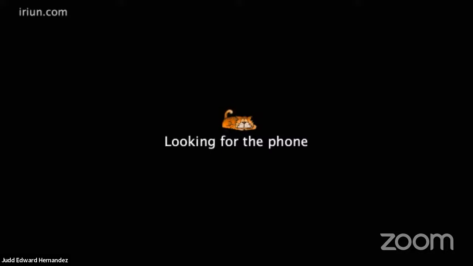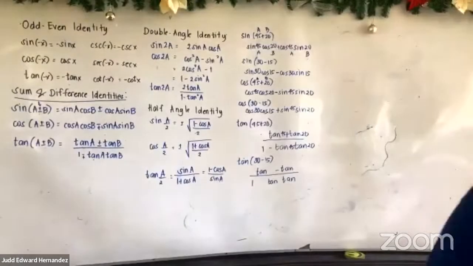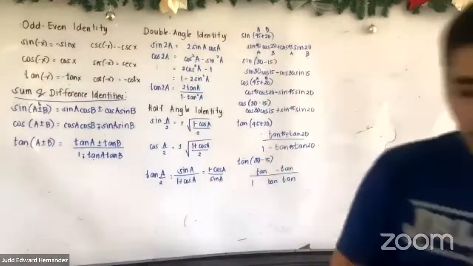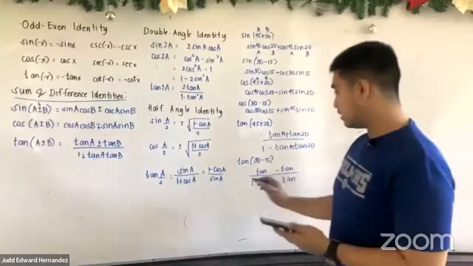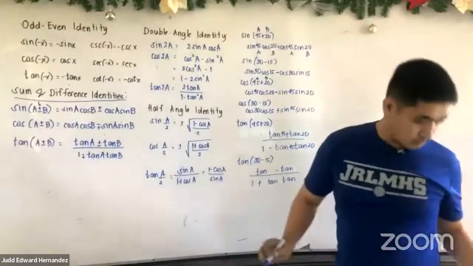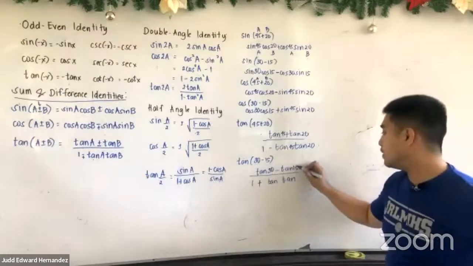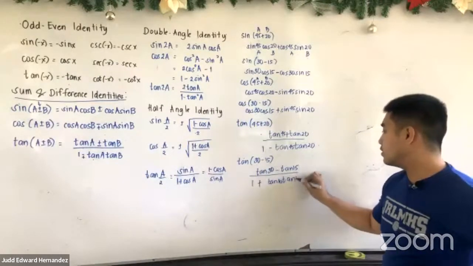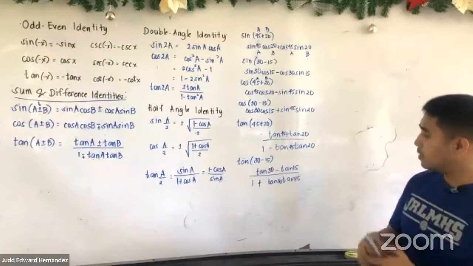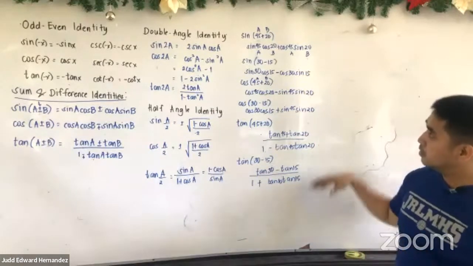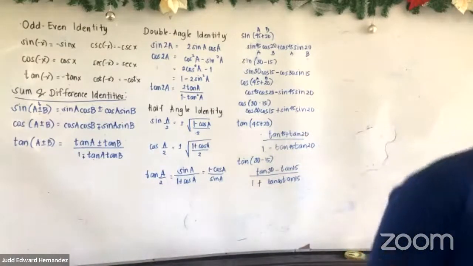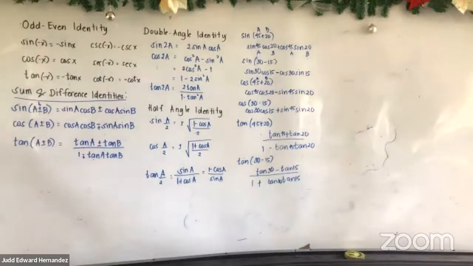Hindi pala. Okay, so yung denominator po natin, it becomes plus. So for this one, it becomes tangent 30 minus tangent 15 over 1 plus tangent 30 tangent 15. Okay? So, yan po yung gagamitin natin sa sum and difference identities.